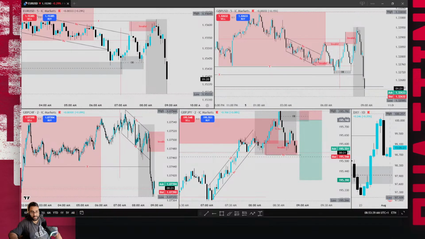And now we got Eurozone PMI at 9 o'clock, and then UK services PMI at 9:30. Wait a second. Why hasn't Forex Factory got this news?